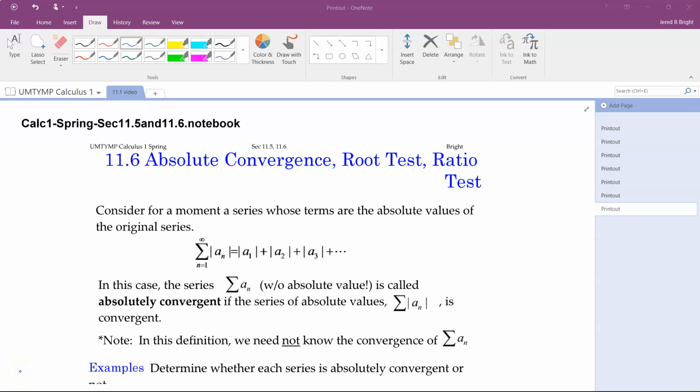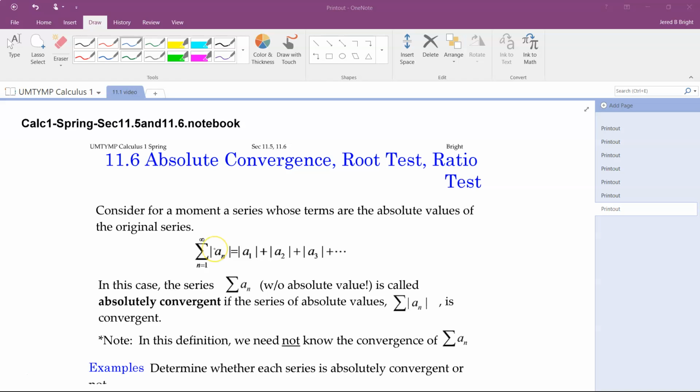Welcome back, and we're going to press on with our study of convergence of infinite series. So now we're going to look at a series where for each term we take the absolute value, because we've so far seen that having a positive sequence, or positive values of a sequence, is really important to our conclusion of whether a series is convergent or not.